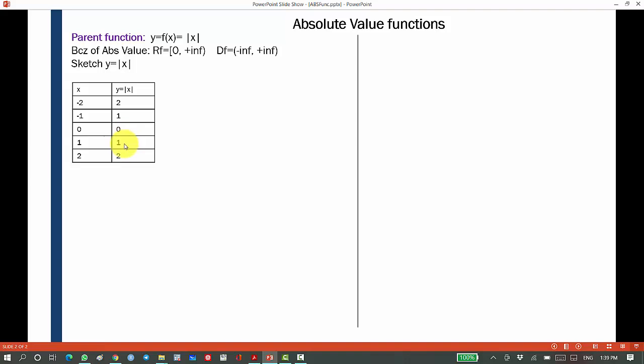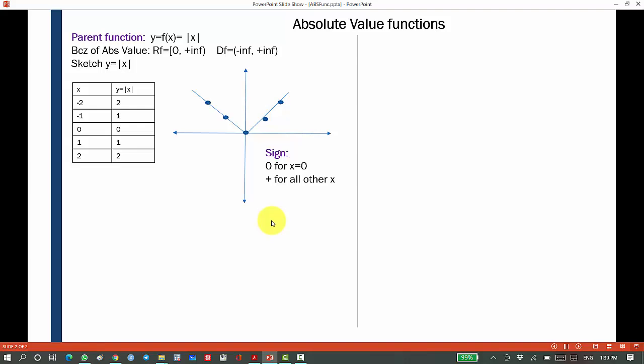Because of the absolute value, everything here is positive except 0, whose absolute value is 0. Putting these points on the two-dimensional space, we get the following graph for the function y is equal to the absolute value of x. As we can see, for x equal to 0, the function is 0.